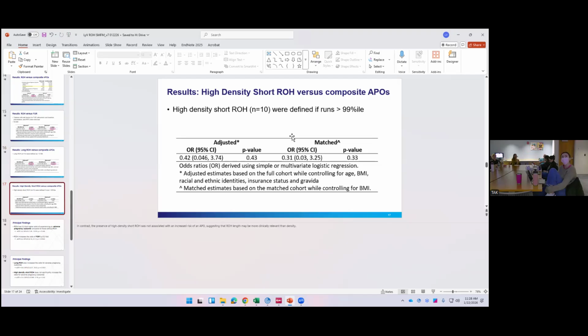I was just thinking like a graph of no ROH, long ROH, and high density ROH for the rate of your outcome. But if that doesn't make sense, that's okay too. It just may be challenging because it's really small. Yeah, okay.